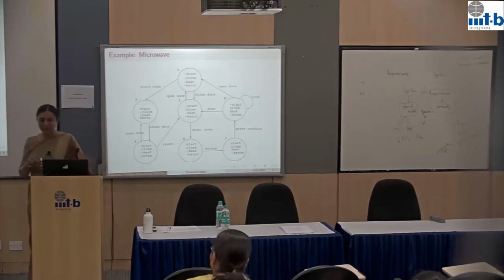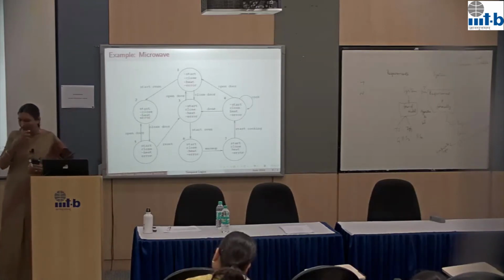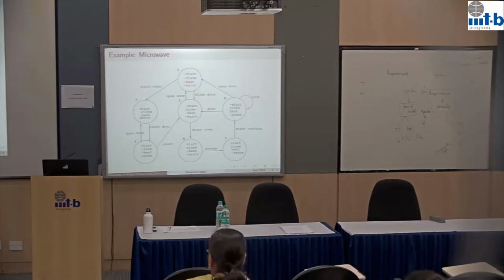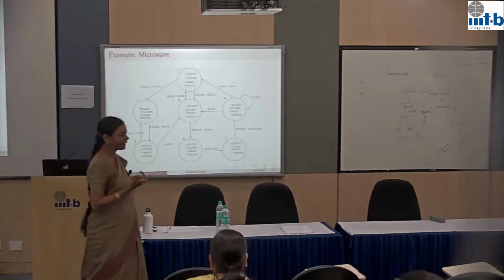So what I'm saying is for this microwave and for other, more realistic systems, for example, just to give you a better example, you must have heard of this thing called mutual exclusion in operating systems. There are lots of algorithms, Peterson's algorithm, Dekker's algorithm.